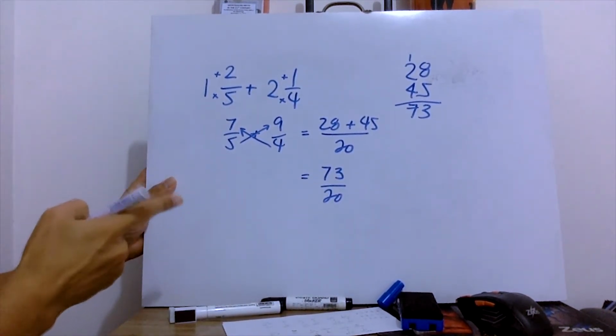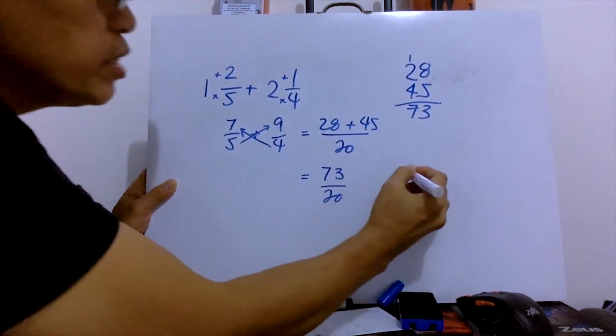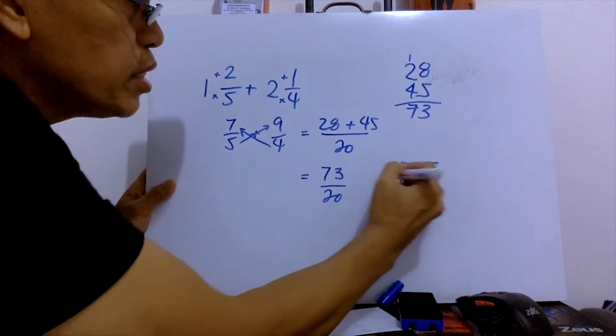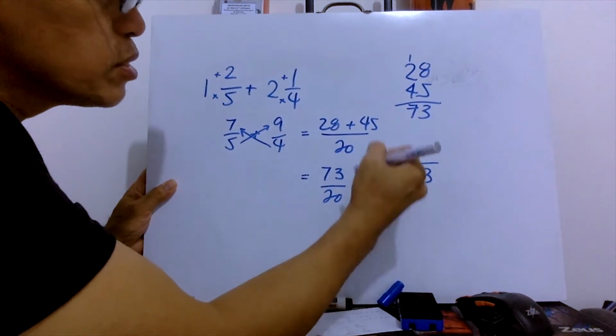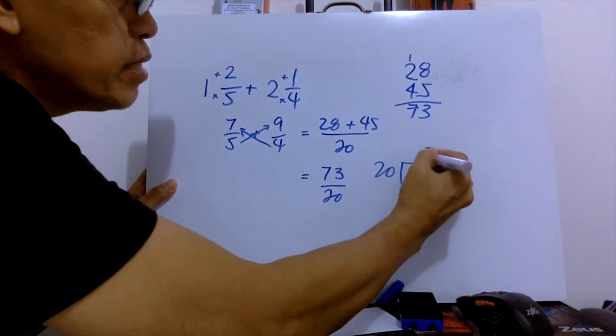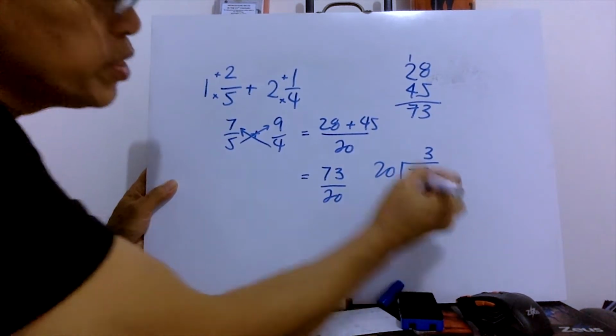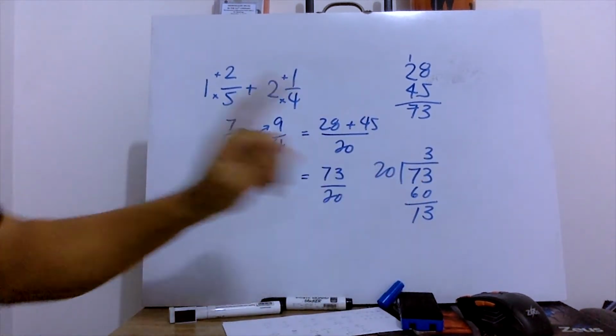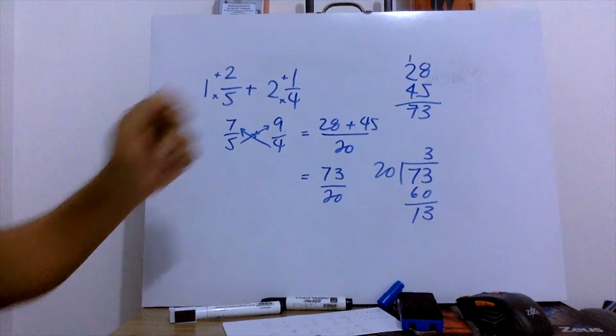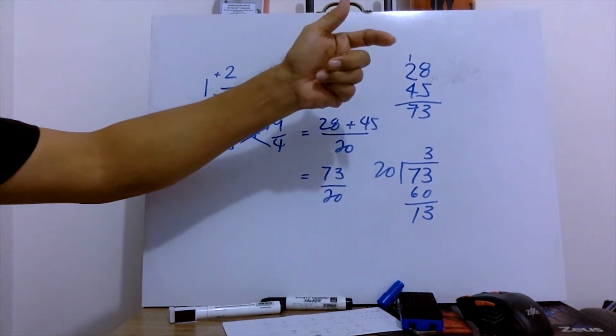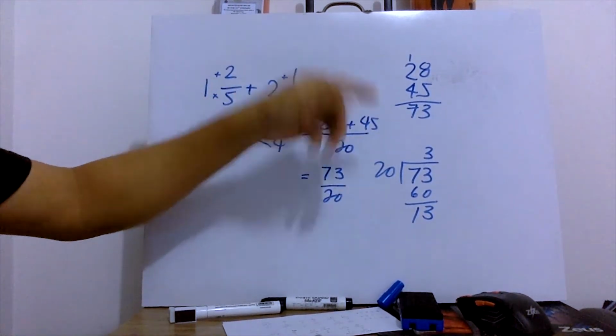That's already correct, but if you want to convert that to a mixed fraction, then divide it. 73 divided by 20, I think that's 3. Let's check. How many 20s in 73? There are only 3, right? Because if it's 4, it becomes 80. It's over 73.